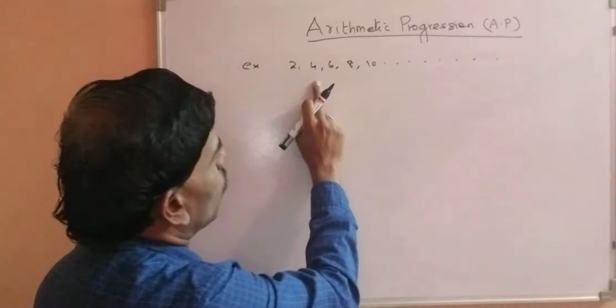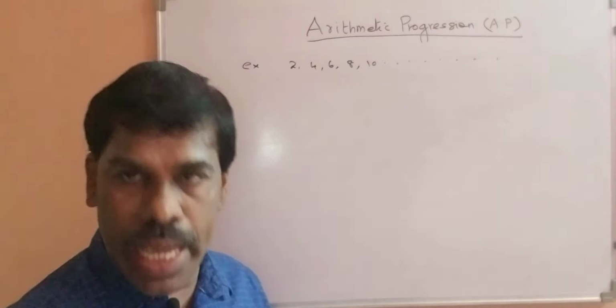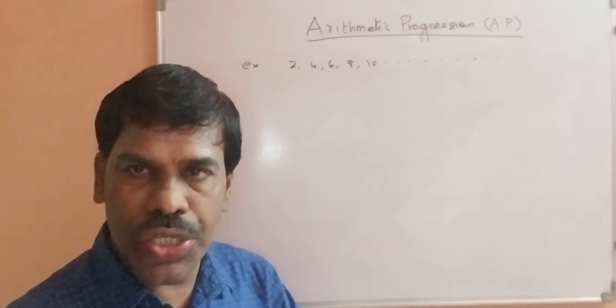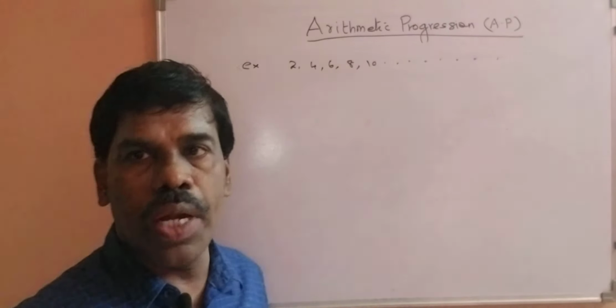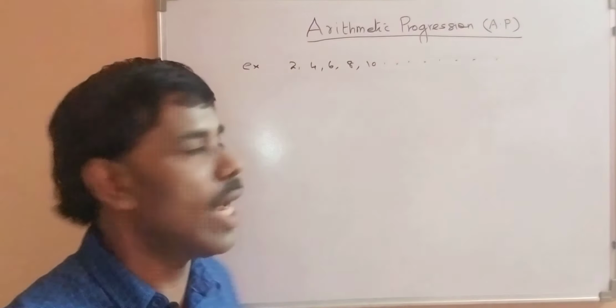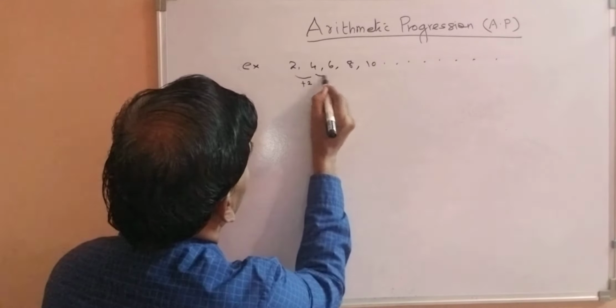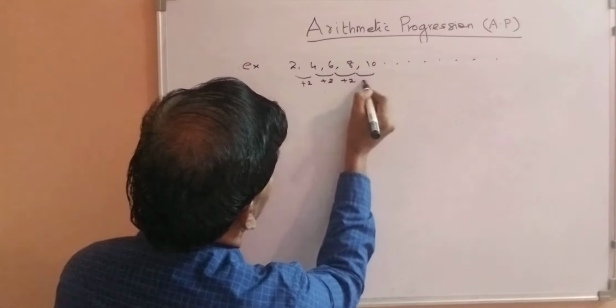Second term 4. Okay. Now can you find out the 10th term? Yes, it is 20 as I told you already. So it is a progression. Now here what is the pattern followed? That means, see, to this number you are adding 2. To this number you are adding 2, and so on.